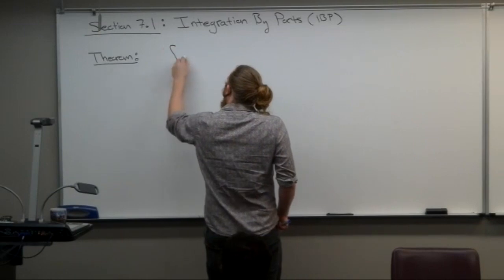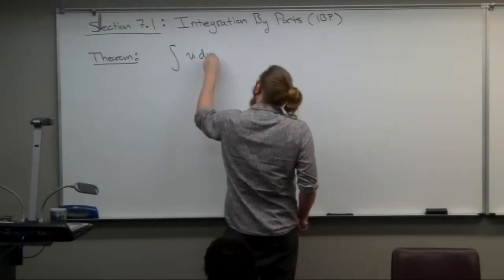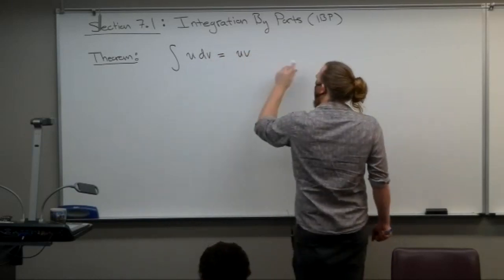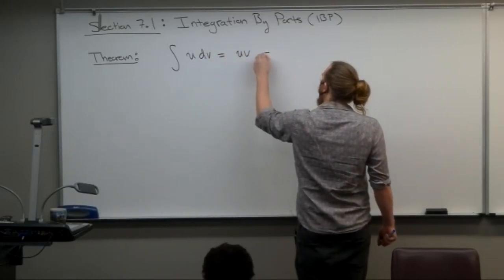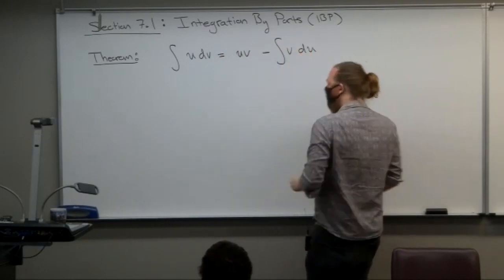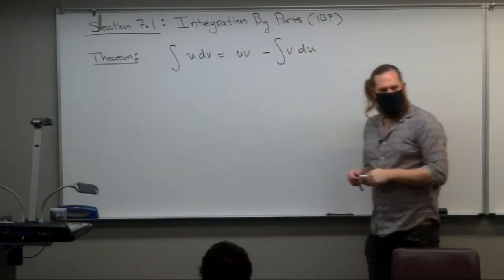I'm going to write down the result. And then I'm going to explain it because the notation looks a little bit weird the first few times you see it. So u and v here are functions.